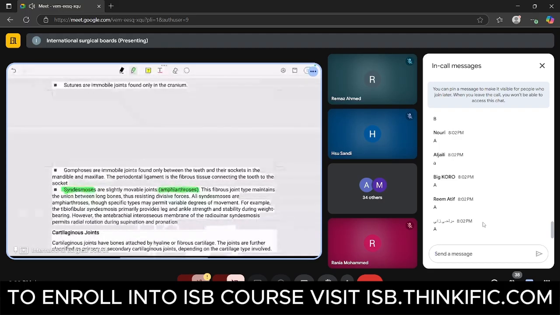By the way, what is the other name for synovial joints? Other name for synovial joints? Hinge is a type. I mean, can you name synovial joint by another name? Not by type, like hinge, ball and socket.